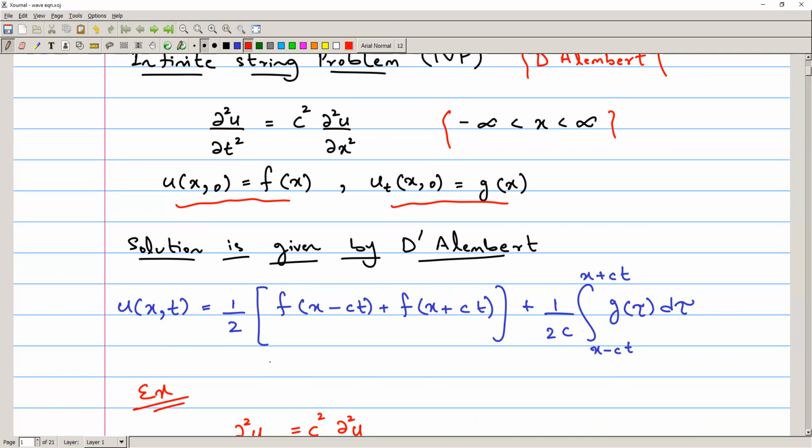So to construct this solution, we will use the initial displacement, and the integral term uses the initial velocity.